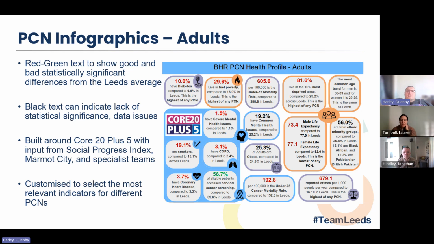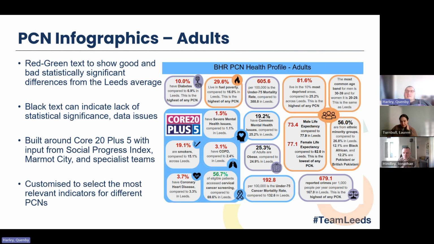When I say significantly, that's statistically significantly. It just means we're confident that it is higher than the Leeds rate or lower than the Leeds rate, as the case may be. And then green shows where it's doing significantly better.